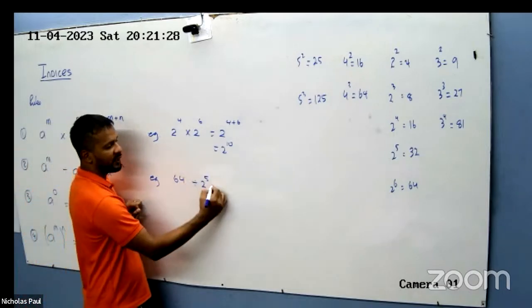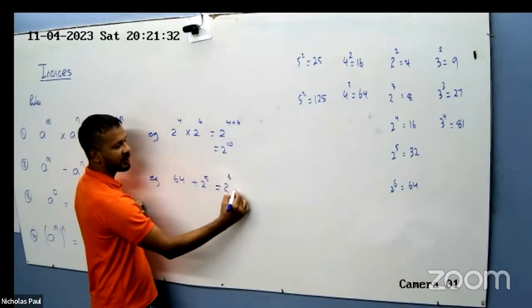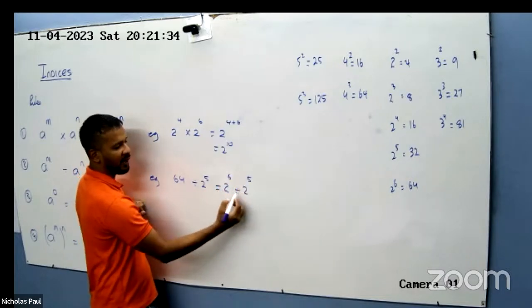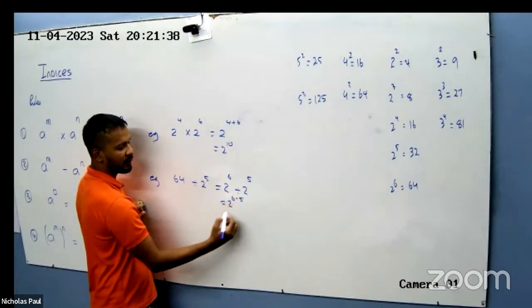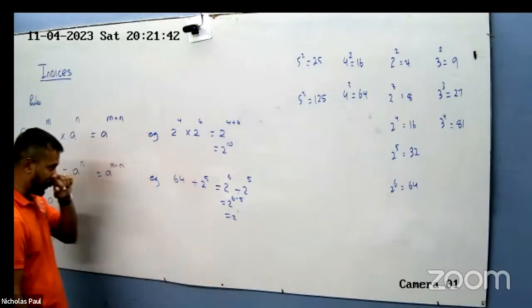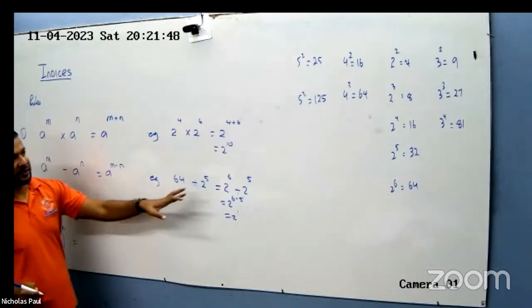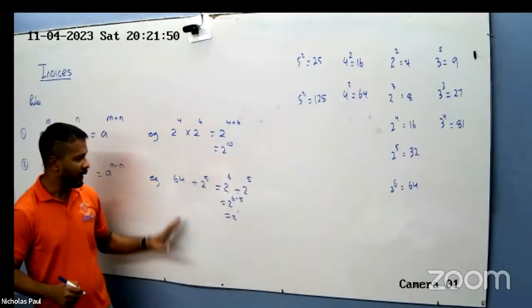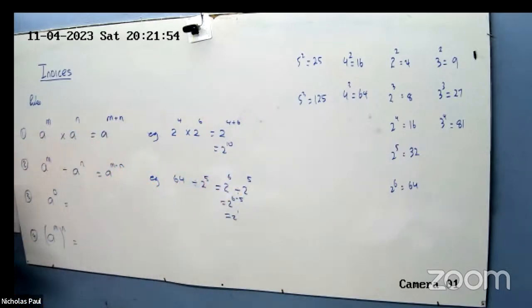You know it already. 2 to the 6 divided by 2 to the 5. Division, same base, so you can subtract powers, and you'll get 2 to the power 1, which is 2. Okay? All right, so that's the purpose of knowing these values. You see 64, you can memorize that and go to it, right?